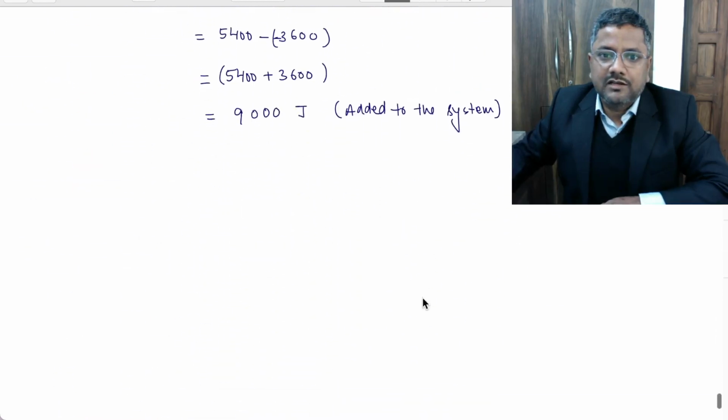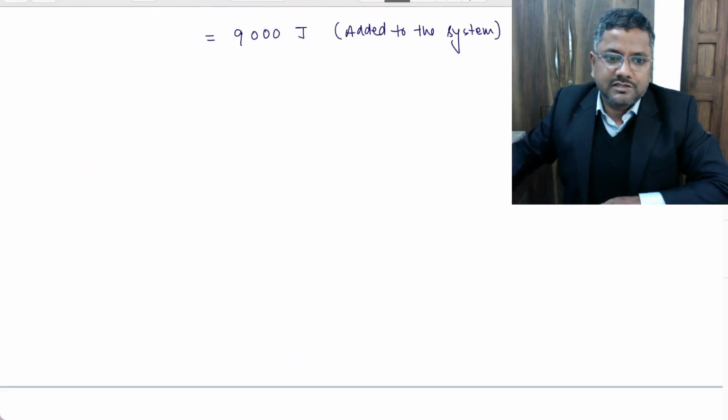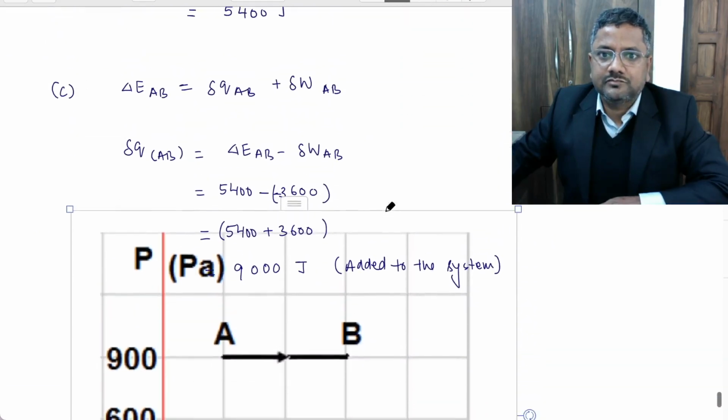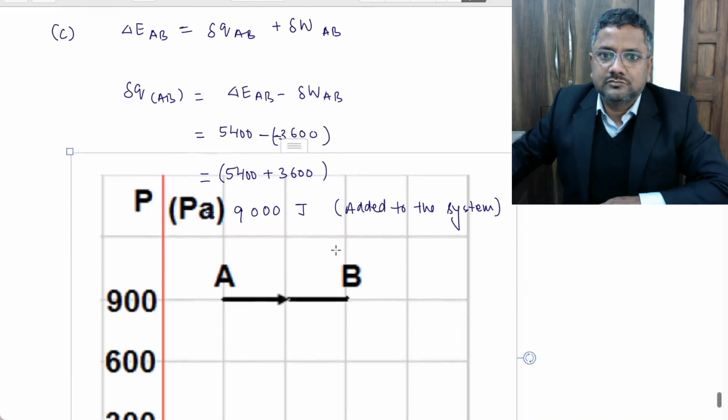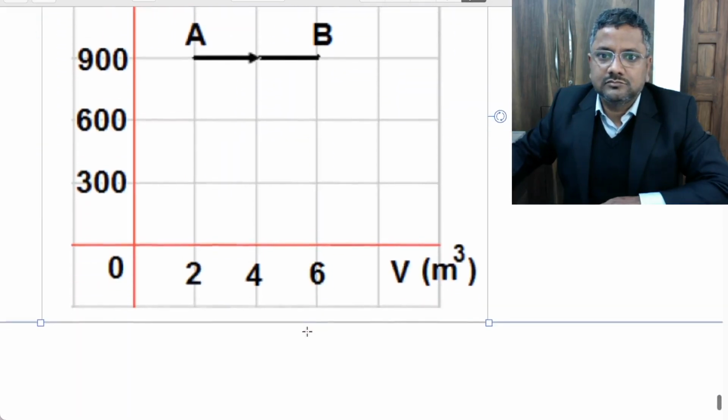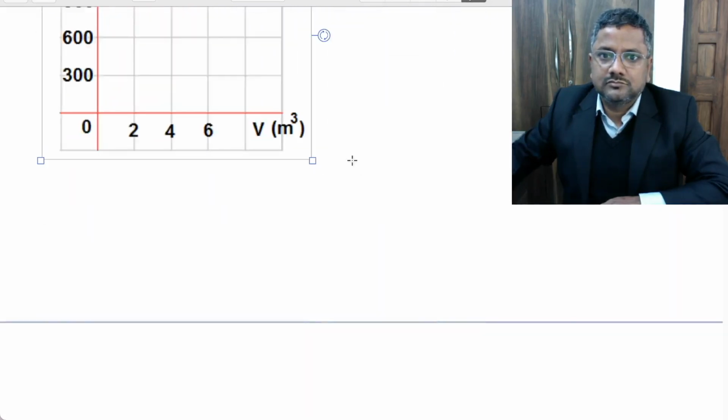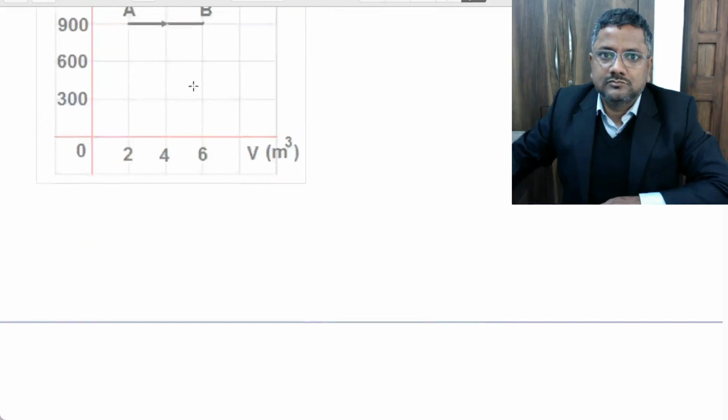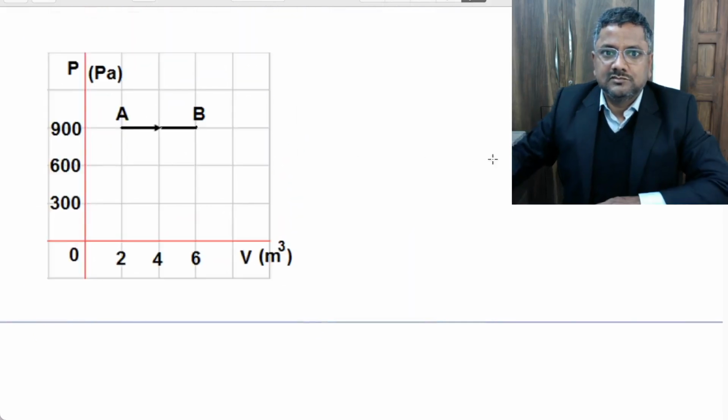I am taking this figure separately for this part.